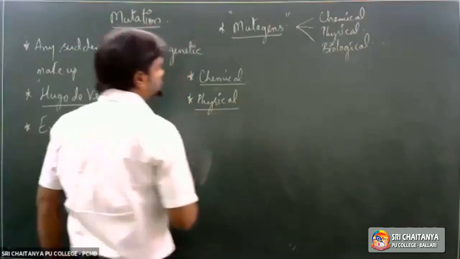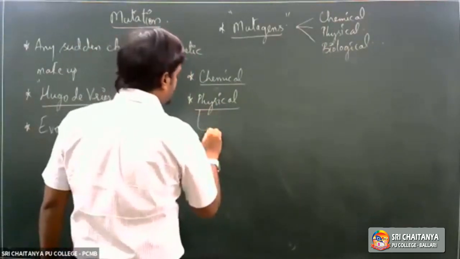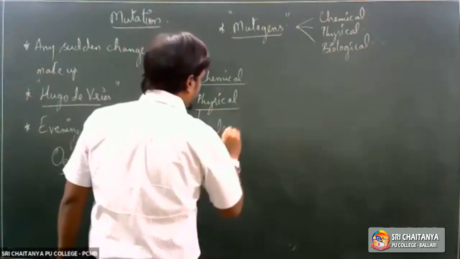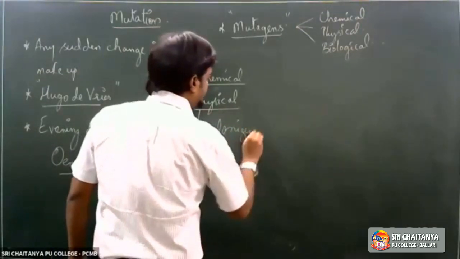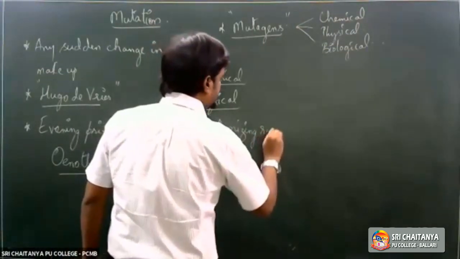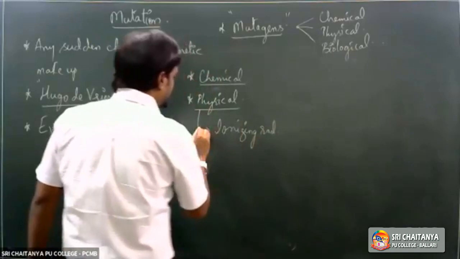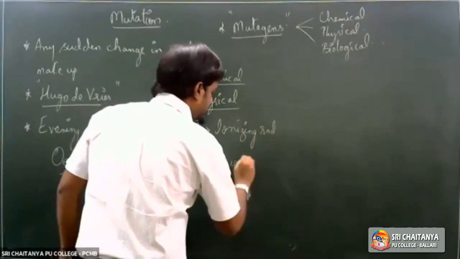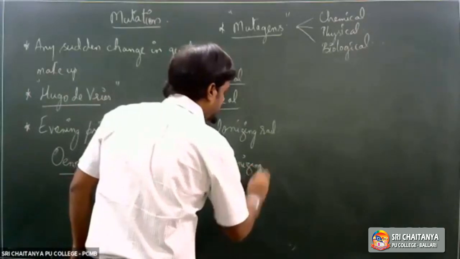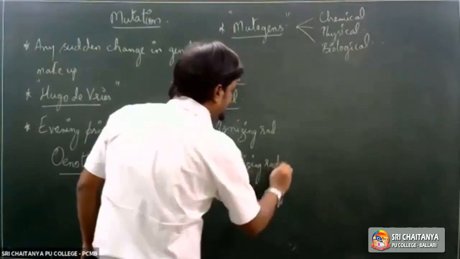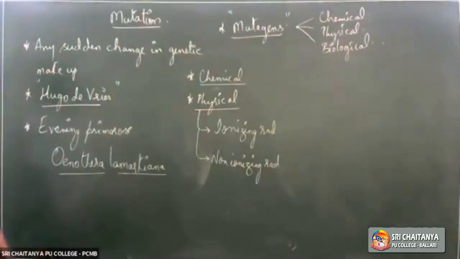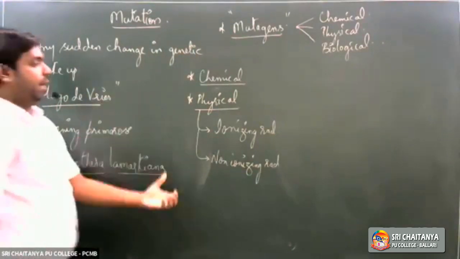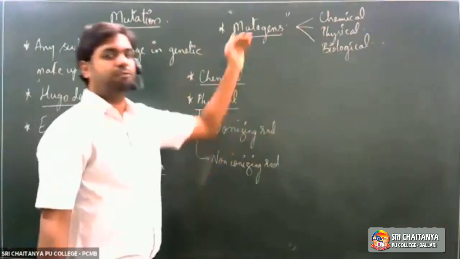These two categories we can call ionizing radiations and the other one would be non-ionizing radiations. So ionizing radiations and non-ionizing radiations both together fall under the category of physical mutagens.